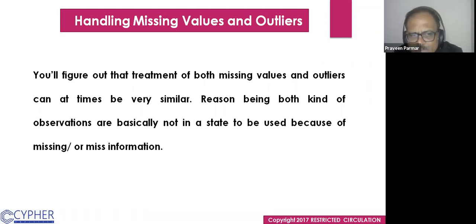The first, the missing value: there is something missing. Or if it is an outlier, the value is not appropriate, it is a very different value. So it will give us misinformation, and if we train the model on this misinformation, the model can mislead us.